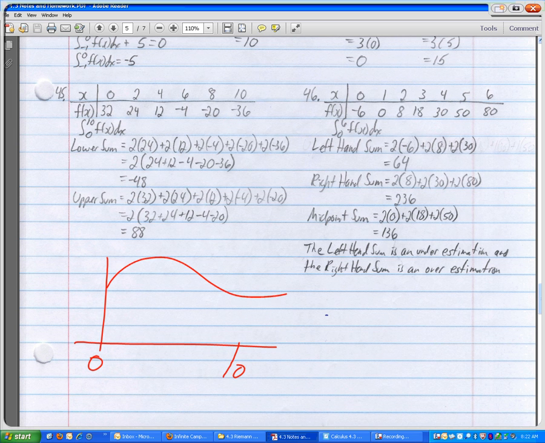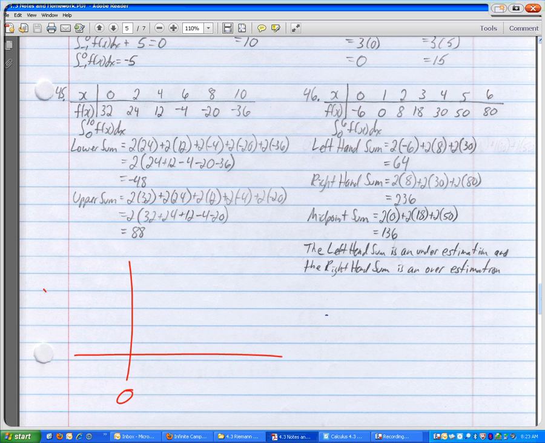Okay, but we got some kind of graph there of f of x. It might look like that. It might look like that. Who knows, right? But we do know this much. From 0 to 10. And then we're given some points to work with here.